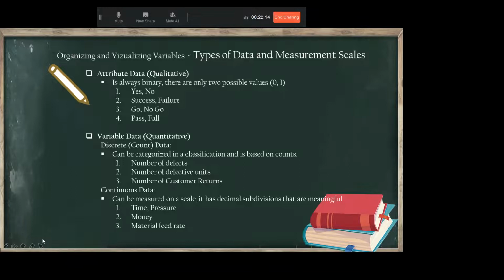Then we also learn that once we know the type of data, we can use certain methods available to analyze it, which we did last day, meaning yesterday. But first we need to categorize the data, and the data can be categorized in two ways: attribute and variable.